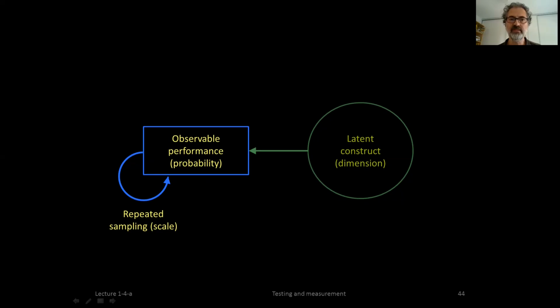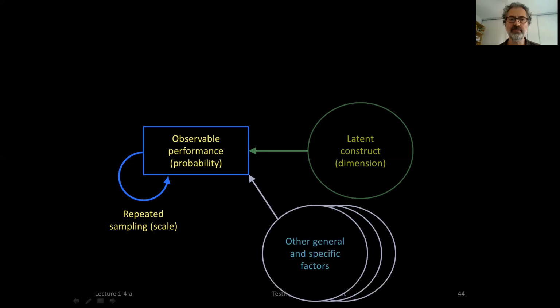This performance is not only dependent on the latent construct, unfortunately. It is necessarily dependent on other general and specific factors and situational factors, and it is also dependent on method variance, that is, task demands due to the design of the interaction.